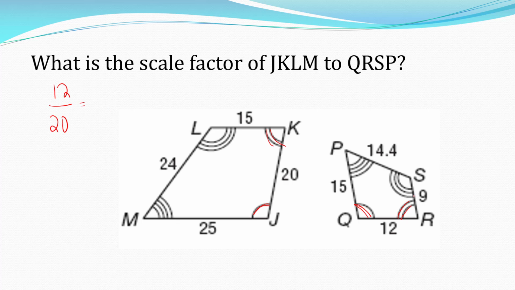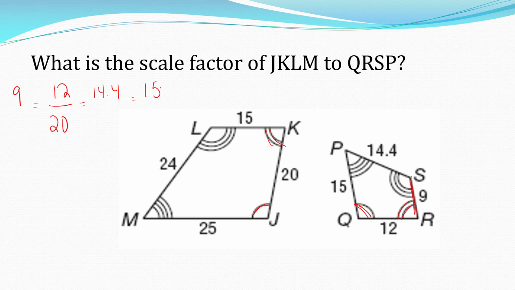But like I said, you really don't have to get too hung up on that, because it has to match up from smallest to larger. If not, then it wouldn't be similar anyway. So I forgot about that.